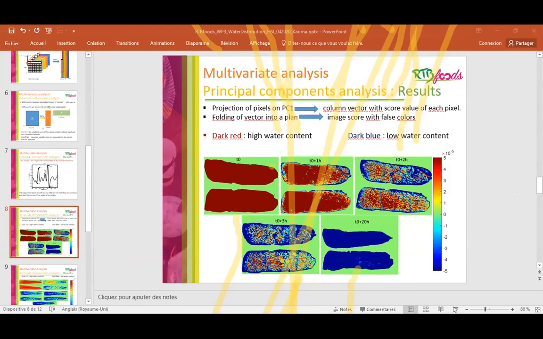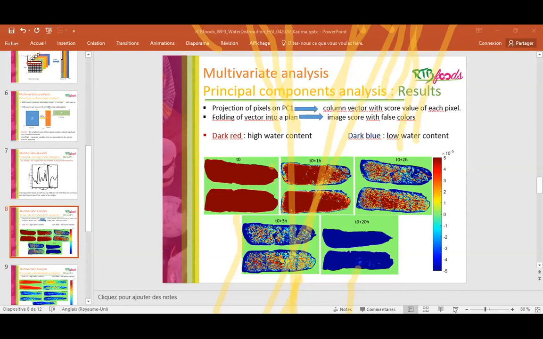My question is, what parameters have you used this HSI to measure, what have you achieved so far, apart from measuring the water distribution? Yes, I take just water, because the first component of the PCA explains water, and the second component, of course, will not explain water.